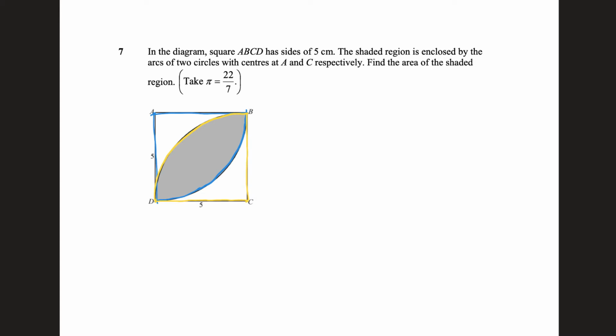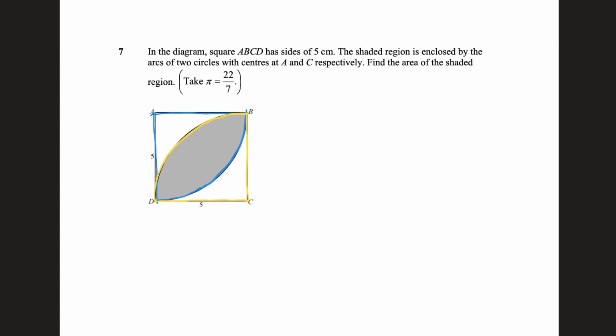And it also tells me that, okay, this is a quarter circle, then what is 5? 5 is not just the length of the square on one side, it's also the radius of this big circle, of which you cut out just a quarter of it. So we also have the radius of it.